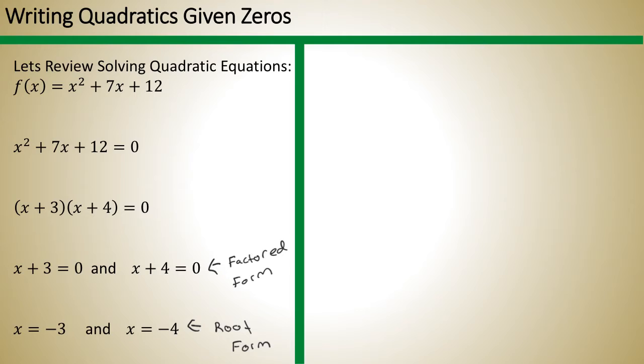So if I'm told that -3 and -4 are solutions to my equation, I'm going to start by writing it in root form.